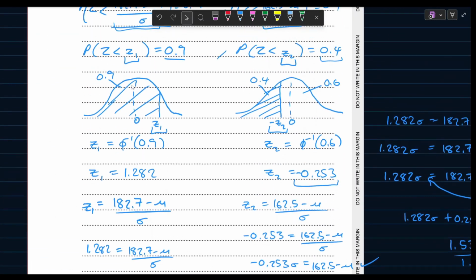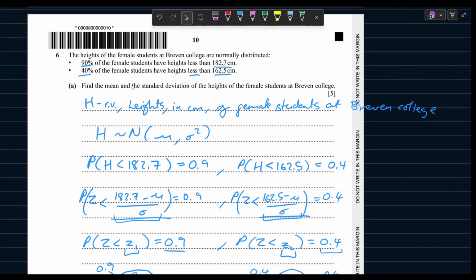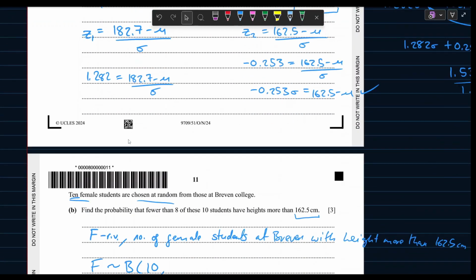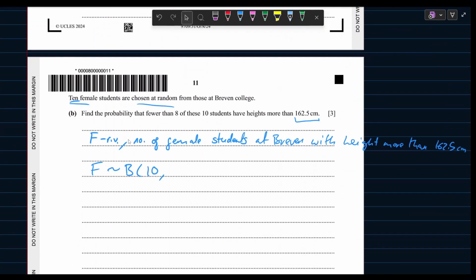Just going to check if we were given this earlier. Okay, so we know that 40% have a height less than 162.5. So it must mean more than 162.5 is 1 minus the 40%, which gives us 0.6. So our probability of success here is going to be 0.6.